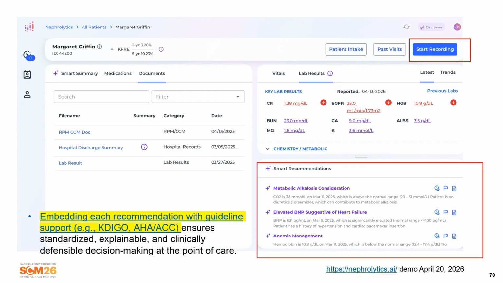Also, this is a slide that I have not shown, and it's very new. Now there are some vendors that give recommendations as well. For example, this patient was found to have metabolic alkalosis, elevated BNP, and anemia.